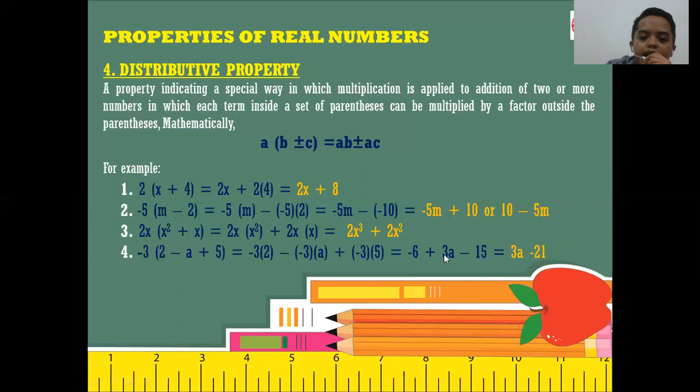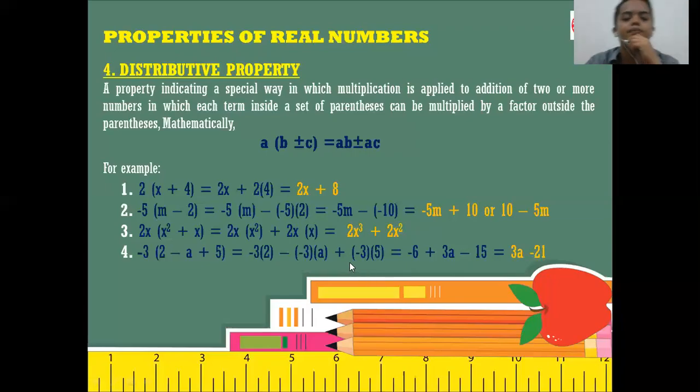So 3a, and the result is negative 21. That is sample problem number 4.